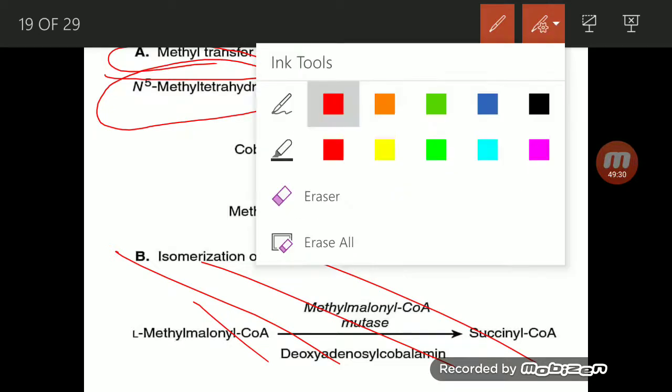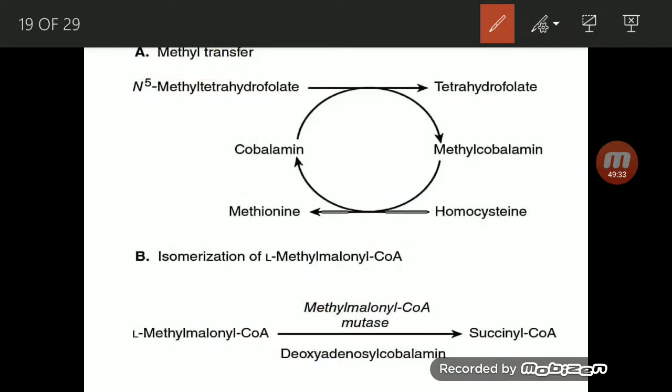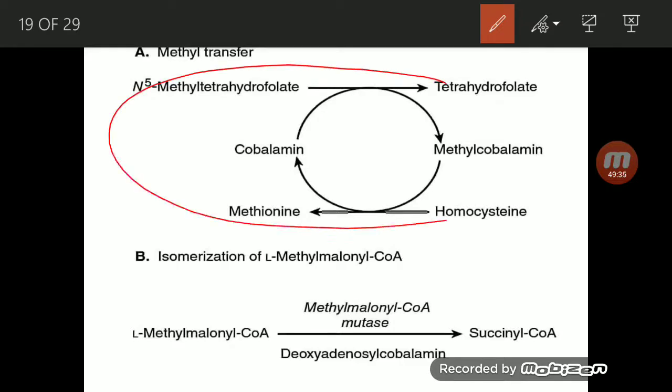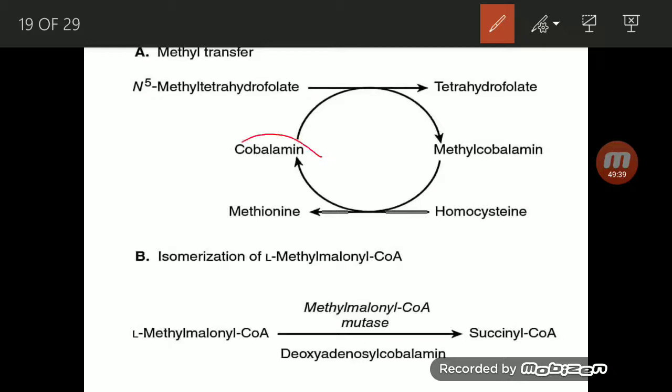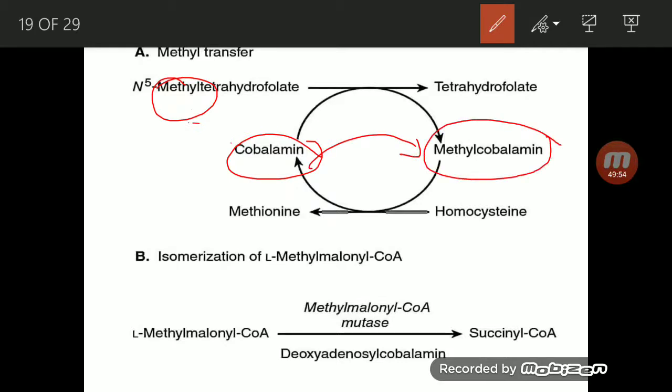What is happening is that cobalamin, which is vitamin B12, takes up a methyl group from N5-methyl tetrahydrofolate. After taking the methyl group, it gets converted into methylcobalamin.